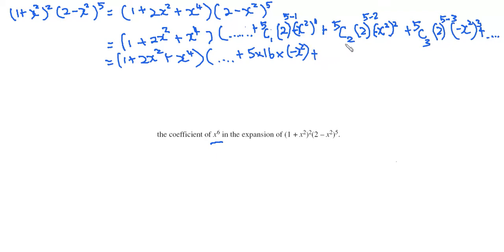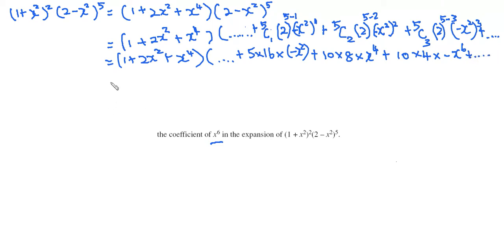Okay, plus 5C2, this is 10 times 8 times... Remember this is an even power, so the negative disappears. So this generates x to the power of 4, plus 5C3 is actually 5C2. So this also gives you 10 times 4 times... This is an odd power, so minus x^6. Okay, so plus dot dot dot.